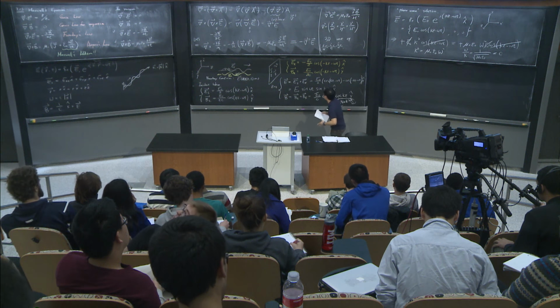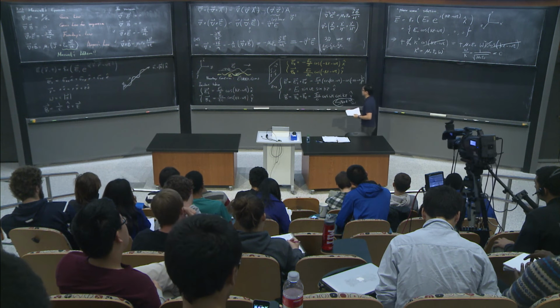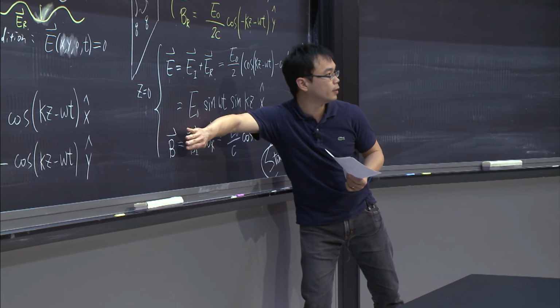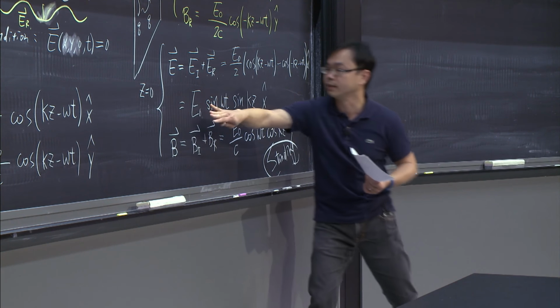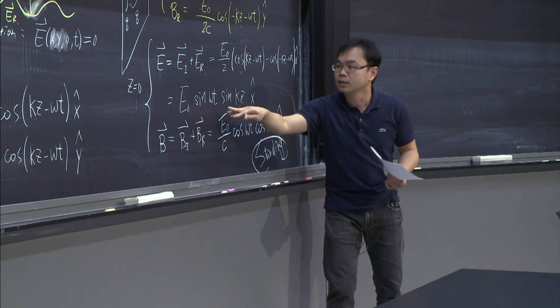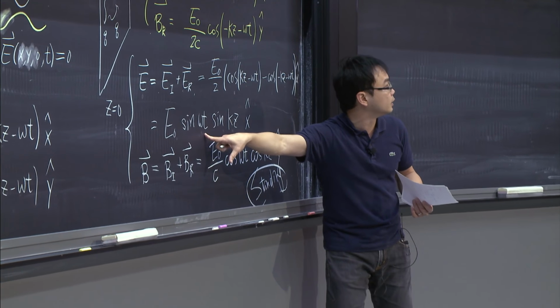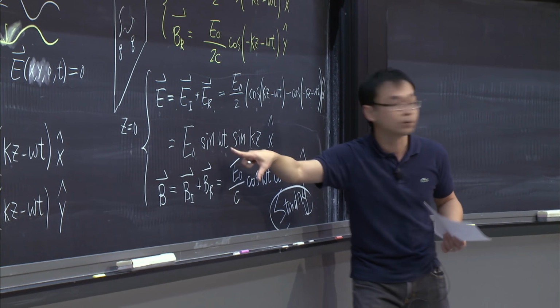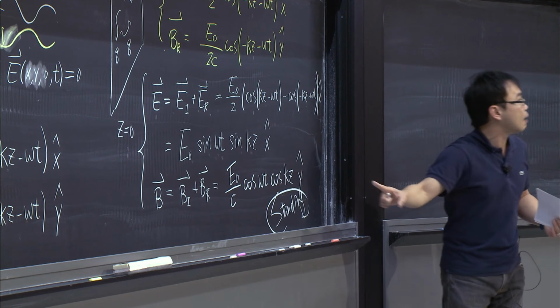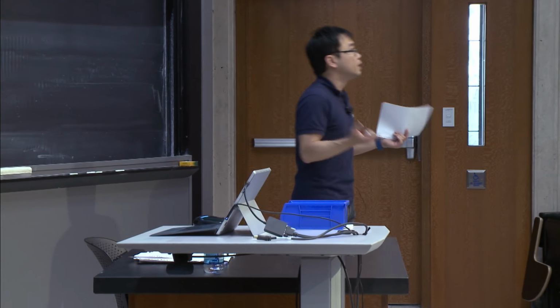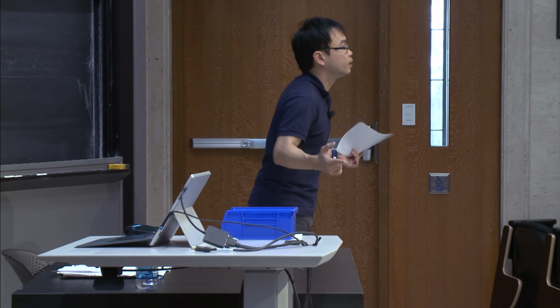And if you look at this result, you will see that if I don't have a magnetic field, if I only have the electric field, there will be an instant of time, for example, t equal to 0. When t is equal to 0, sine is equal to 0. What is going to happen? You will have no electric field, okay? That means the electric field completely disappears, right?